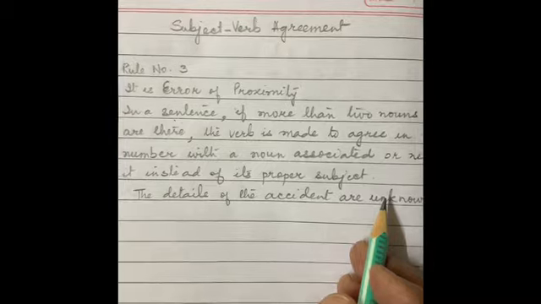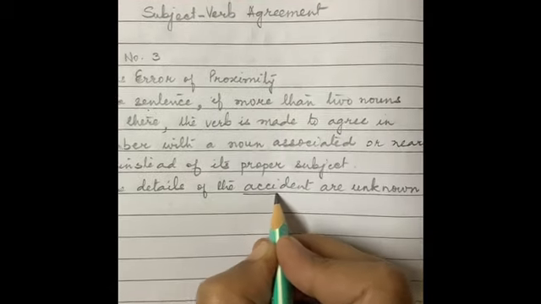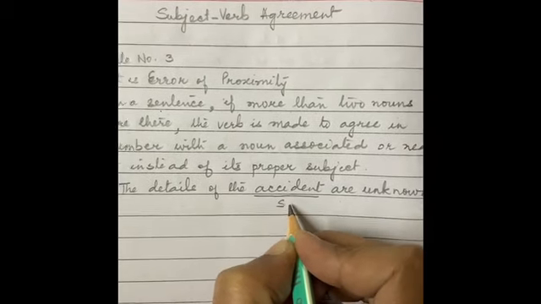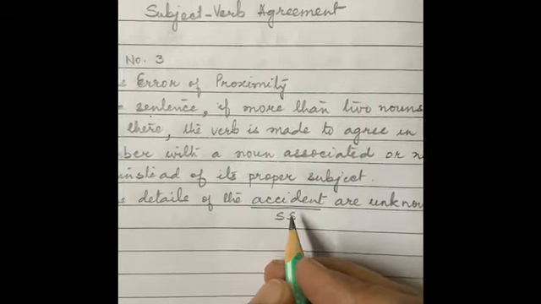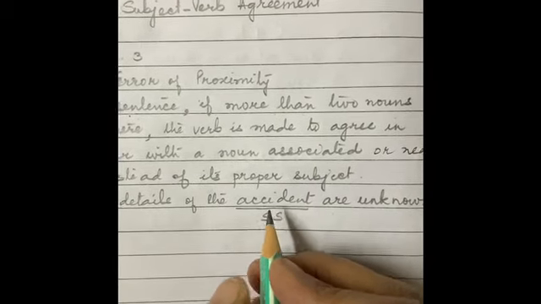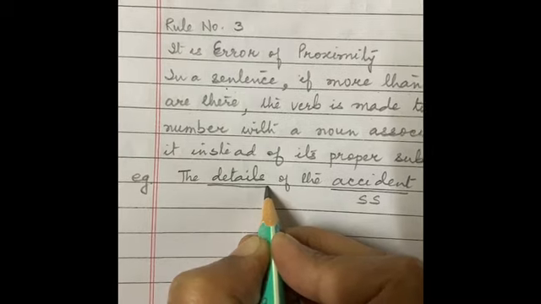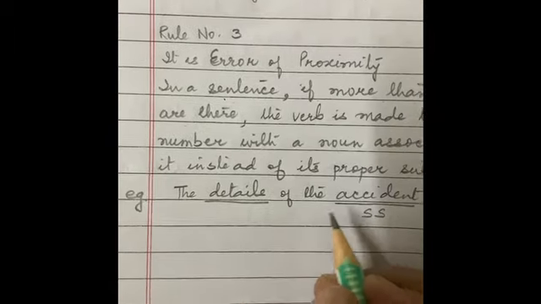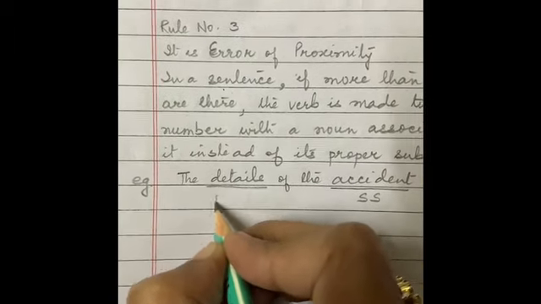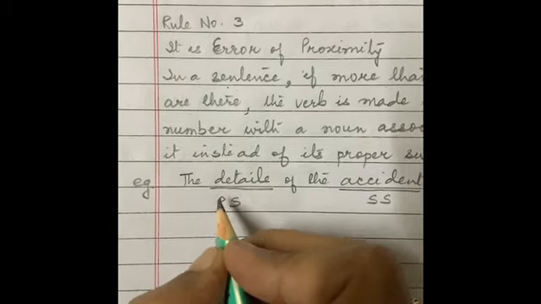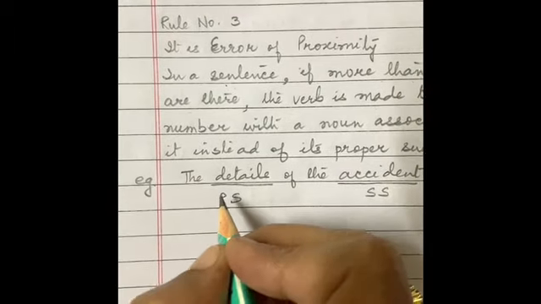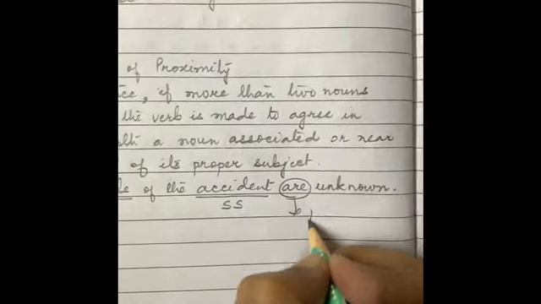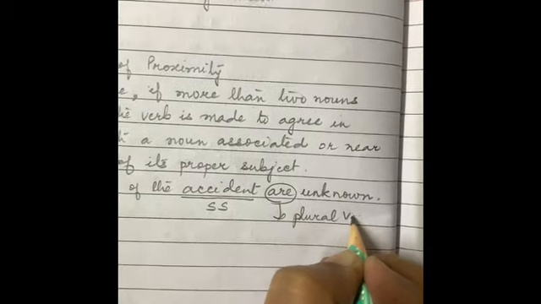Now see, the main subject is the accident, which is singular. But we are focusing on details of it and not the accident itself. Now, details is in the plural form. This is a plural subject. So, we have used a plural verb, are, here. Hope you have understood.